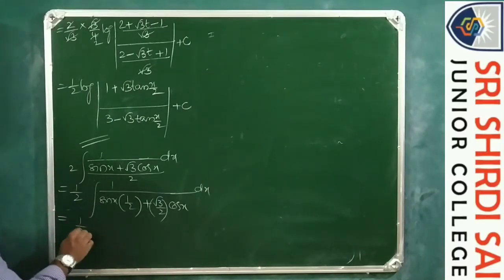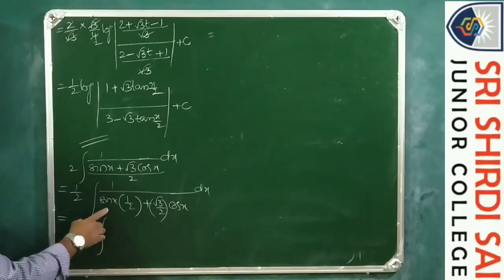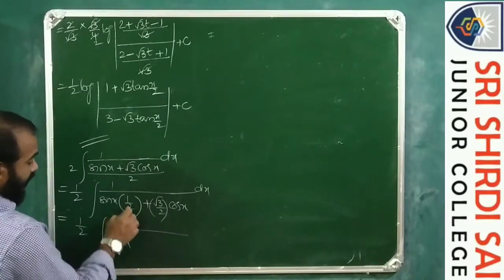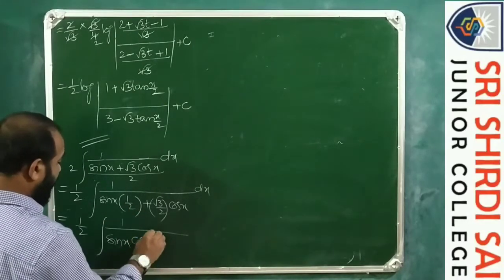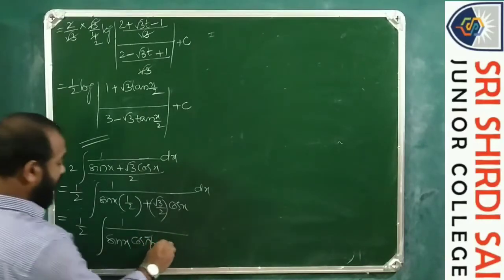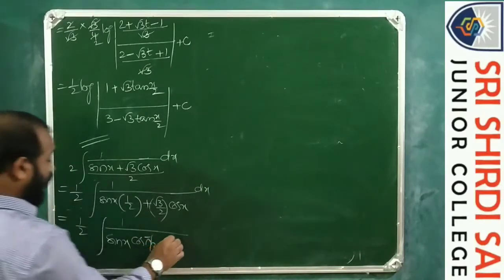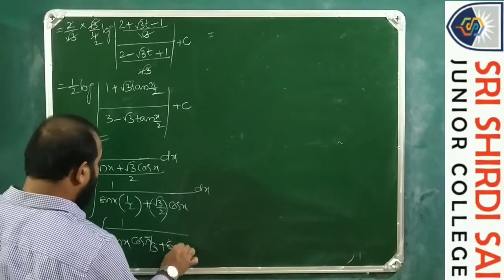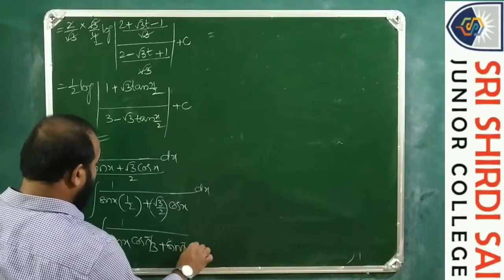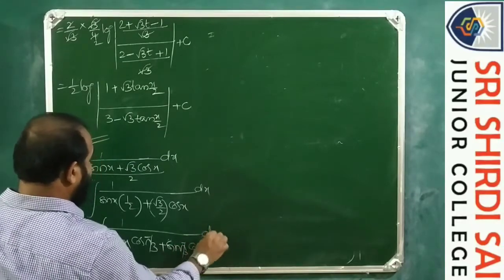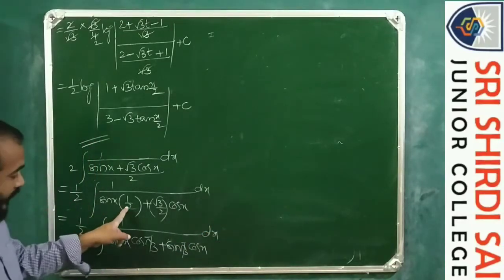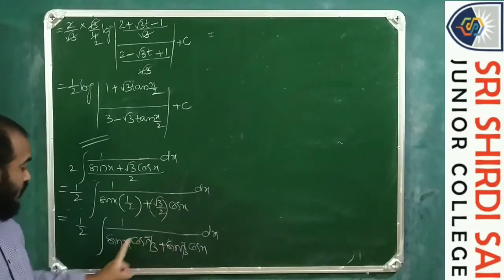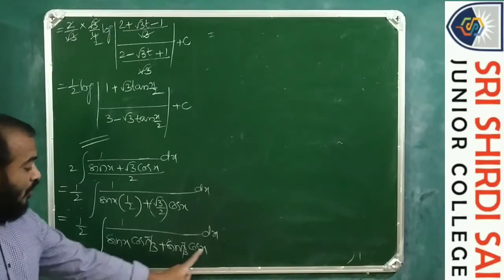So 1 by 2 integral, this is 1 by sin x into 1 by 2 can be written as cos pi by 3, cos 60, plus root 3 by 2 is sin pi by 3, sin 60, into cos x dx. Sin x into 1 by 2 is cos pi by 3, cos 60 is 1 by 2, root 3 by 2 is sin 60. So sin a cos b plus cos a sin b.